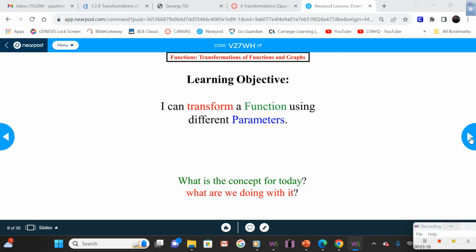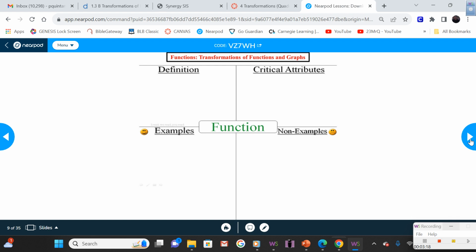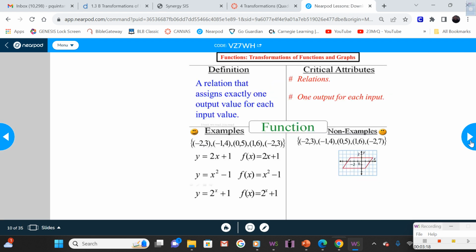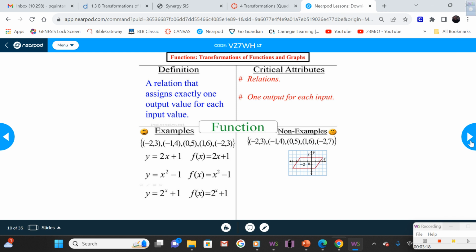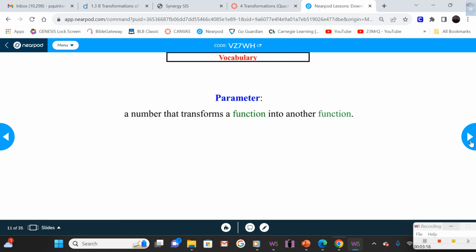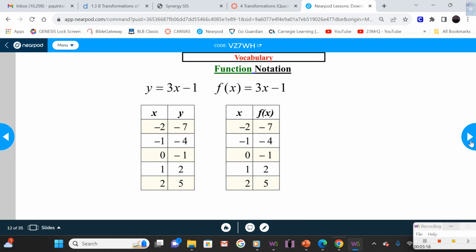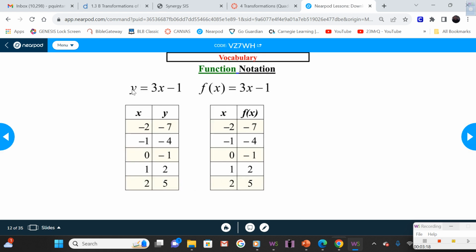So we've been on transformation of functions. Hopefully it's been a smooth transition. Yes? Yes, Mr. Q, give us more home play. All right, good. And we know what functions are by now. Parameters are numbers that transform a function to another function. We went from y form to function notation.